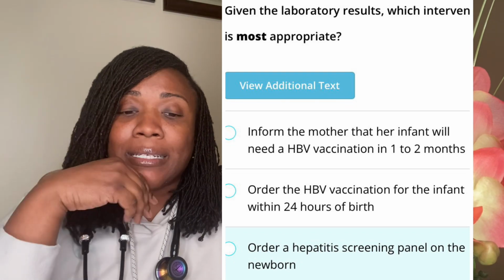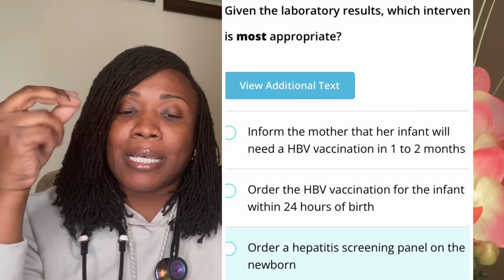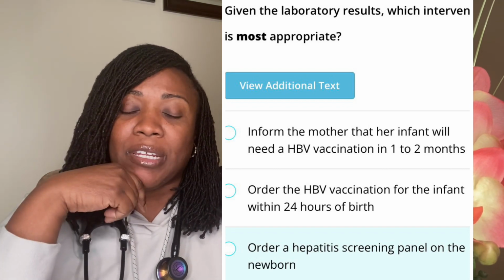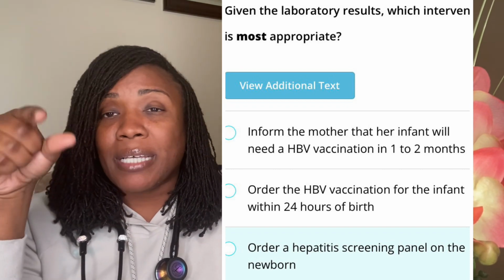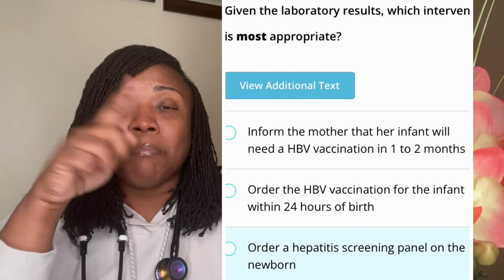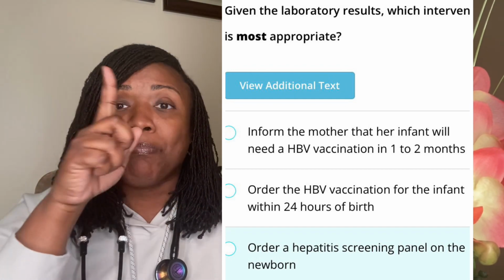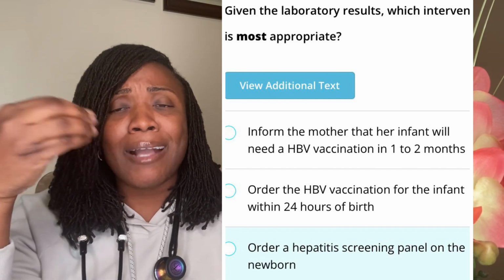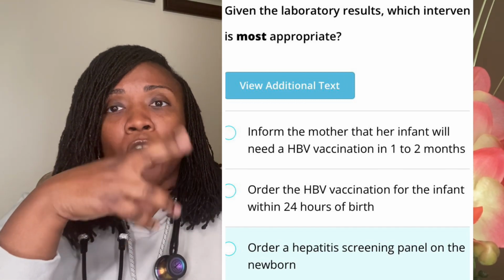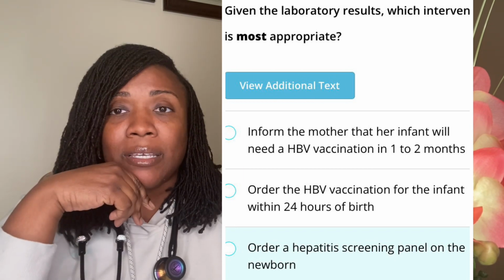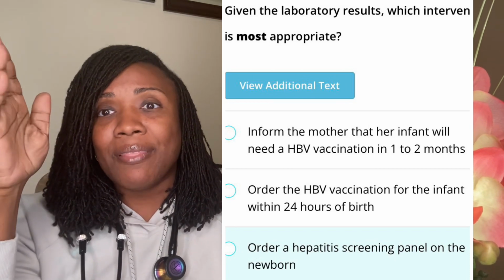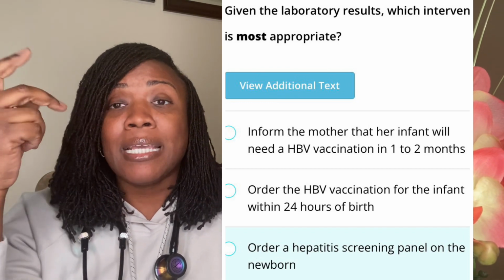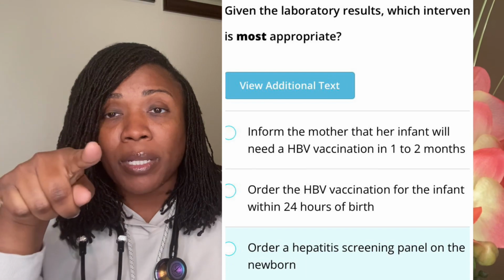In all actuality, if I needed to do a hepatitis screening on a newborn baby, that would mean that baby's mother is positive for hepatitis B. Usually, we're not going to have a pregnant woman go through 9 months of pregnancy with hepatitis B and then give birth to a baby who will then have hepatitis B, because hepatitis B is actually transferred through blood.